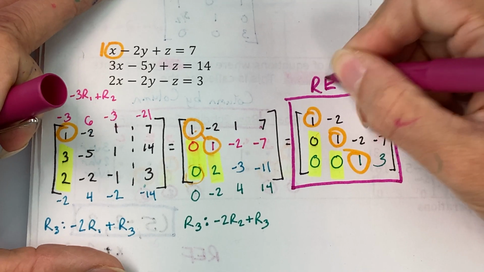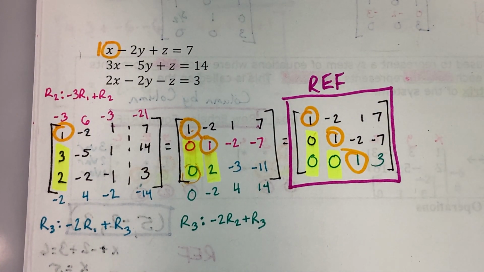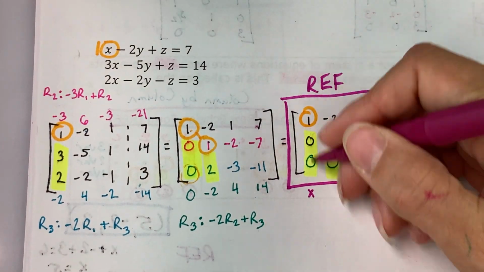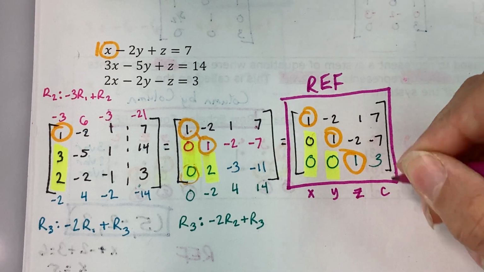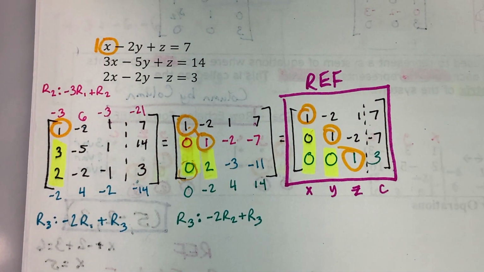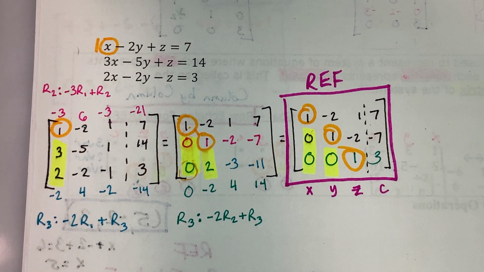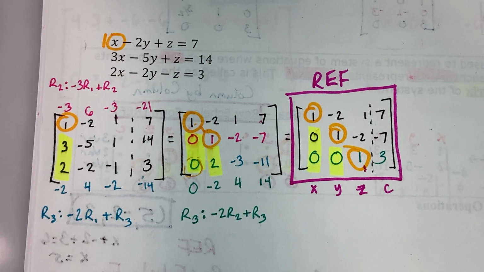which means I am now ready to turn this augmented matrix back into equations. So remember, X column, Y column, Z column, constant. If you want, you can draw that dashed line there to remember there's an equal sign there. And we always start at the bottom since that is our one variable, or only Z, equation.